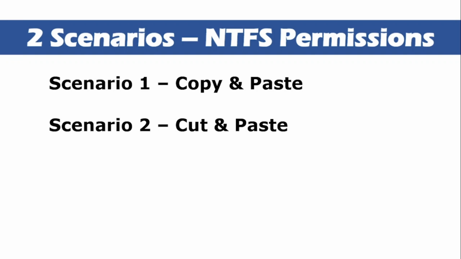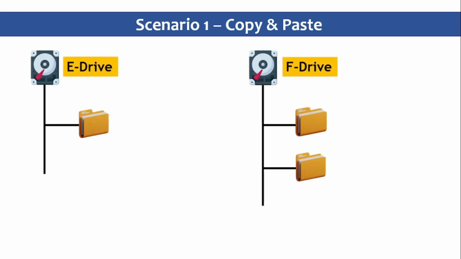So let's jump in. Scenario number one, copy paste. We have two drives over here, E drive and the F drive, and we have one folder on the E drive, two folders on the F drive, and we have an Active Directory group named HR.